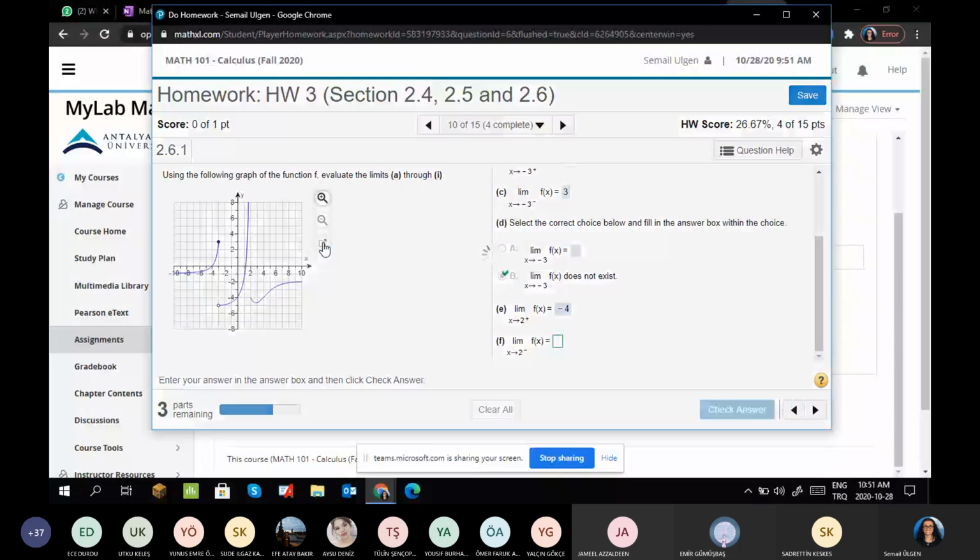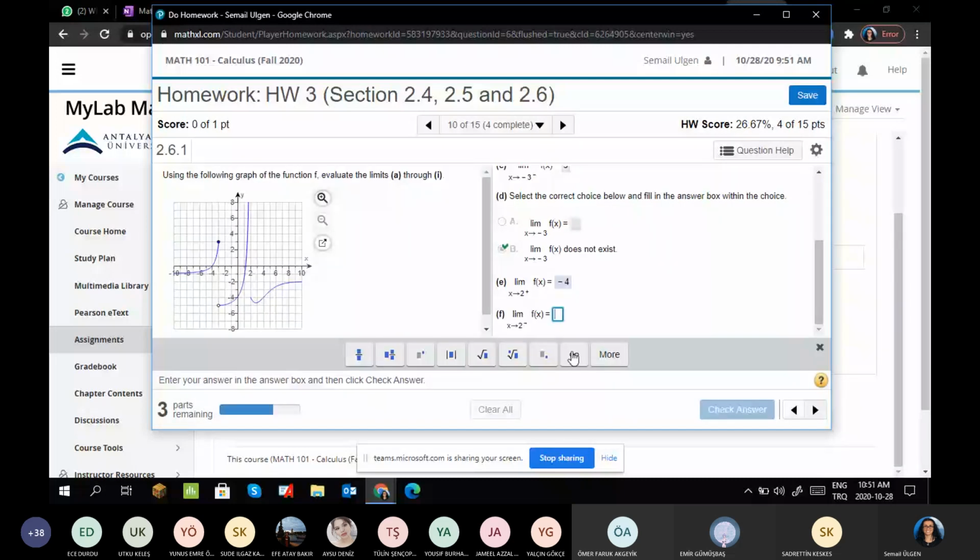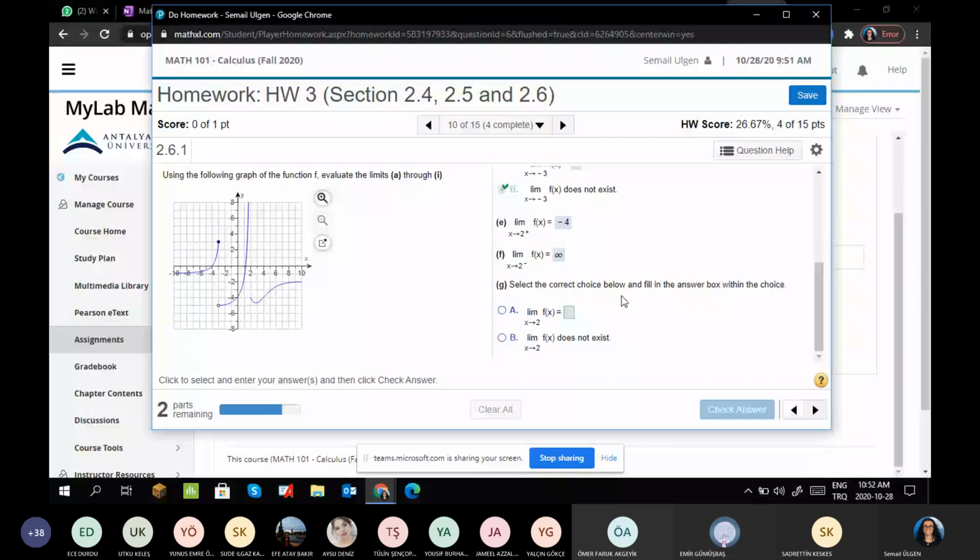What do you think the limit is? Infinity. That's right. Plus infinity. Okay, let's check the answer. Then select the correct choice below and fill in the answer box within the choice. The limit as x approaches 2 does not exist because the right limit and left limit don't agree.